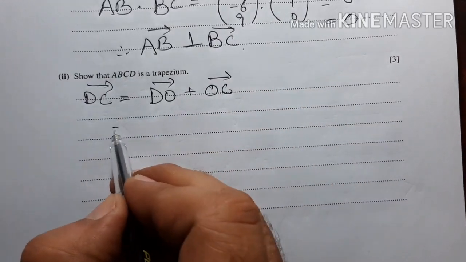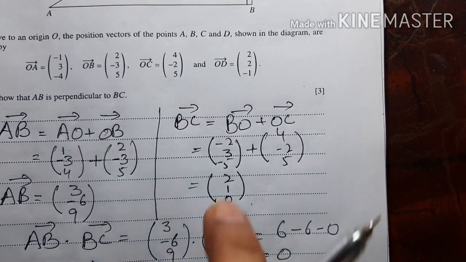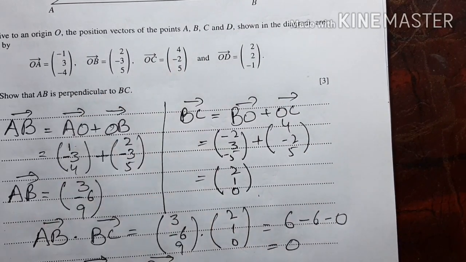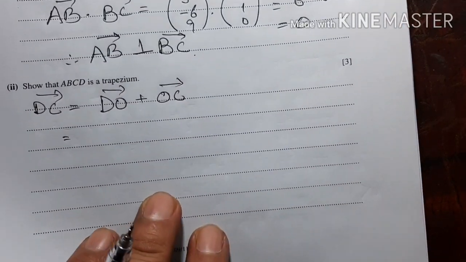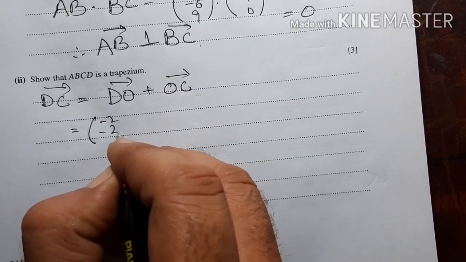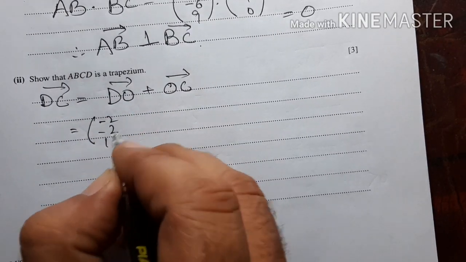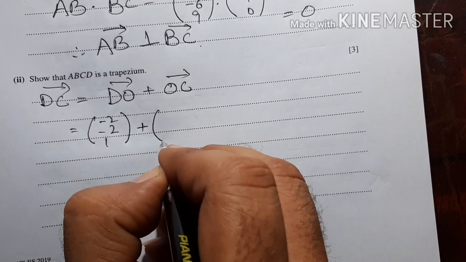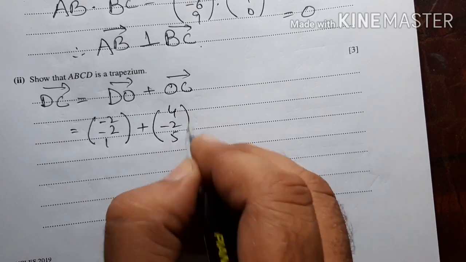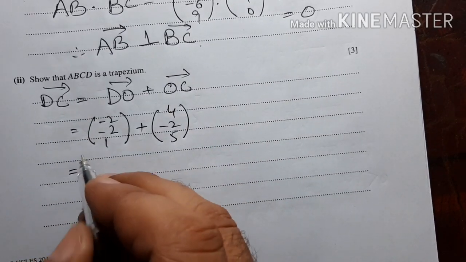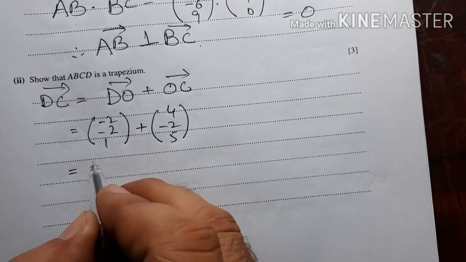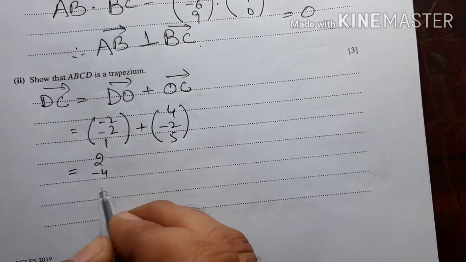For DO I will use the opposite of OD. I'll change the sign, and for OC I'll use as it is. So DO will be minus 2, 1, and OC will be 4, minus 2, 5. So by adding, this will be 2, minus 4, 6.